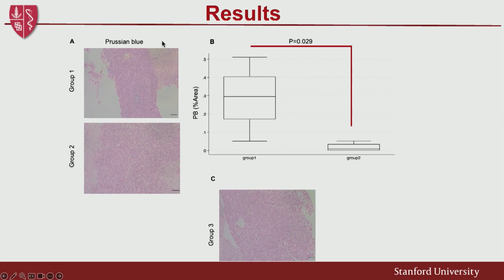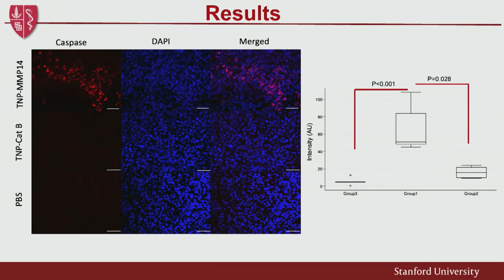We also did some histology, like Prussian blue staining, and we saw the accumulation of iron particles in the tumor, which means we have more delivery of the drugs to the tumor.